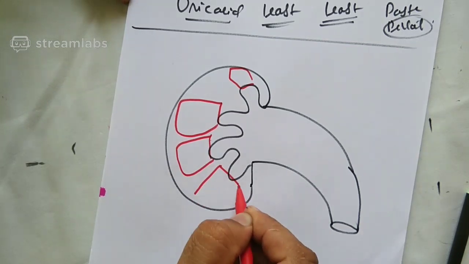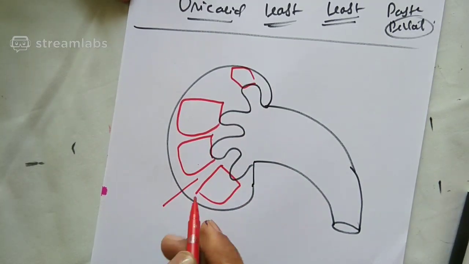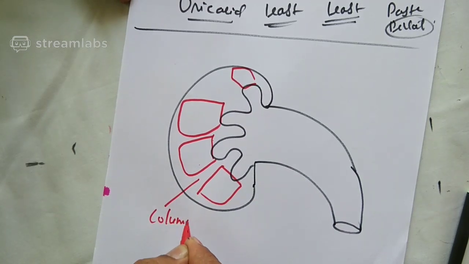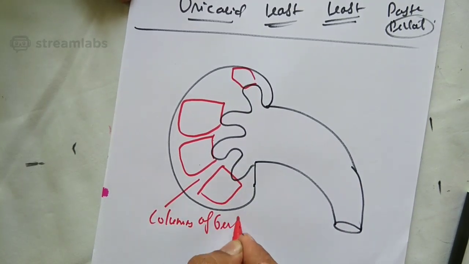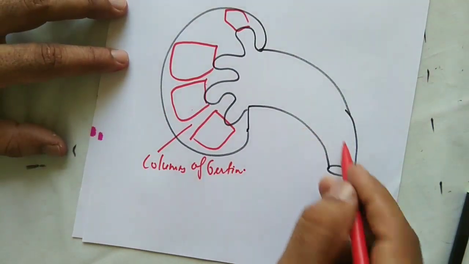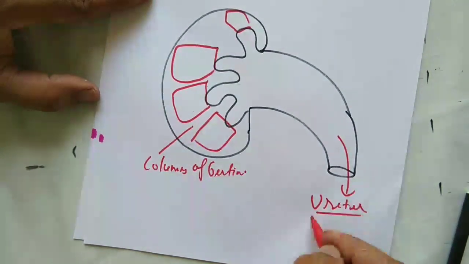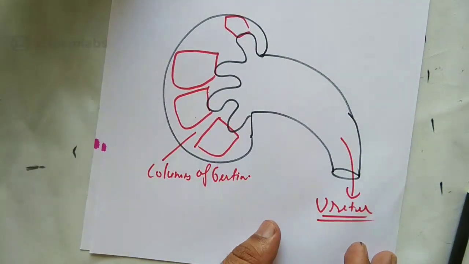Clear? And the space between the medullary pyramids is called the columns of Bertini. Clear? And this renal pelvis will extend as what? Ureter. Hope the matter is clear regarding the structure of the kidney.